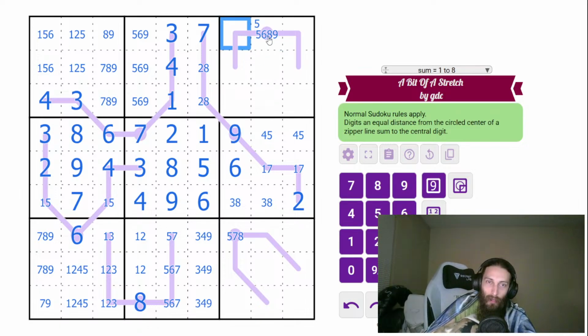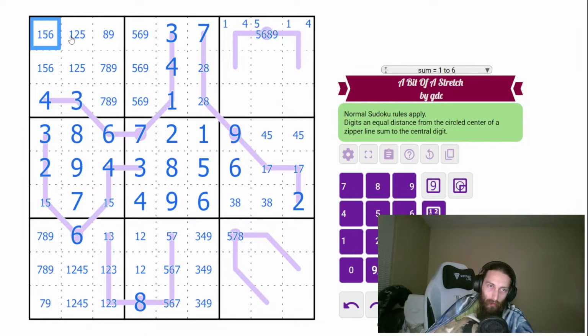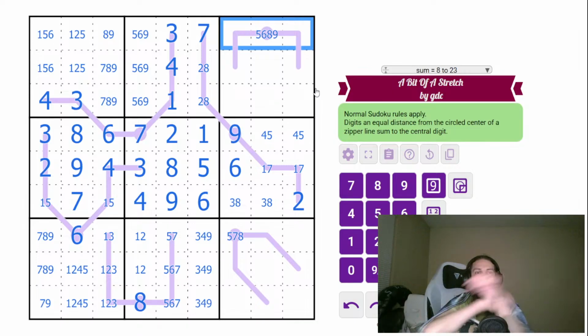If this was a 5, then these would be 1 and 4, because they couldn't be 2 and 3. So that would be 6 and 2, 9 and 8, which is fine.